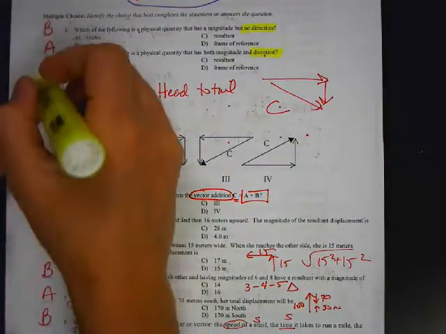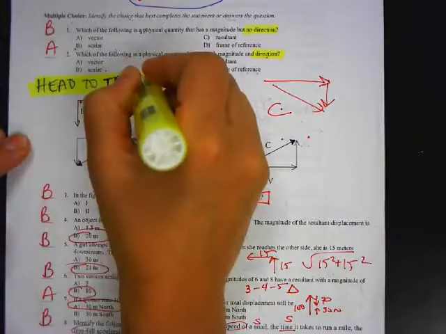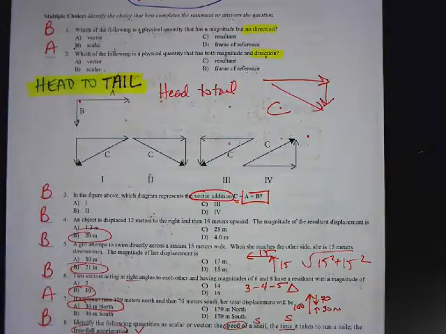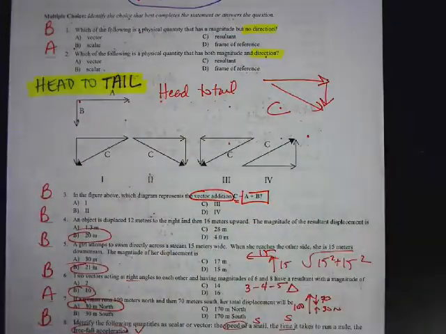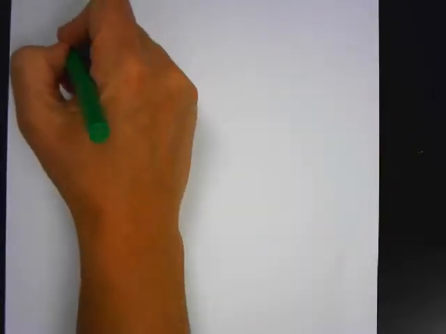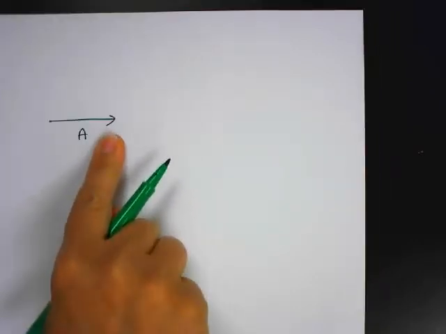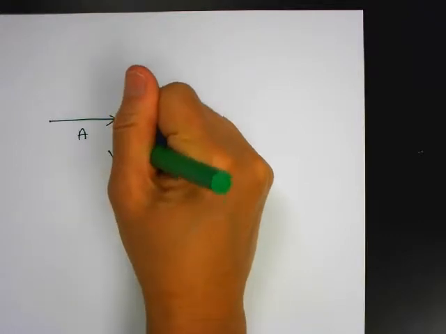Now, head to tail doesn't mean the resultant. That means how do I add the vectors that I'm adding up? So let's start with vector A. Let me just draw it on a separate piece of paper. I start off with vector A like this. From the head of this vector, I do the tail of the other, so B goes down like this.